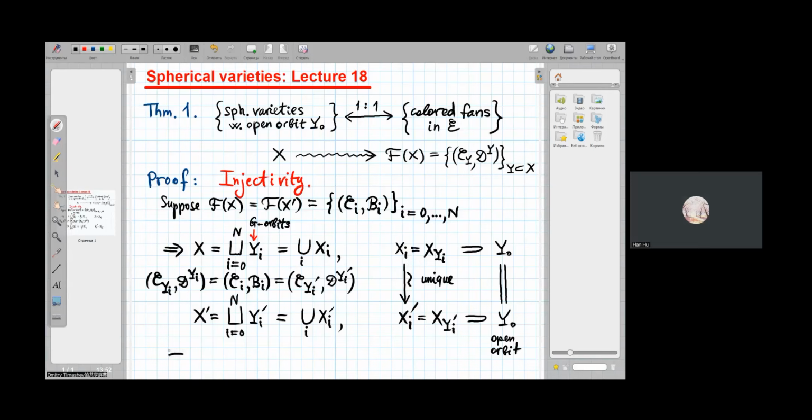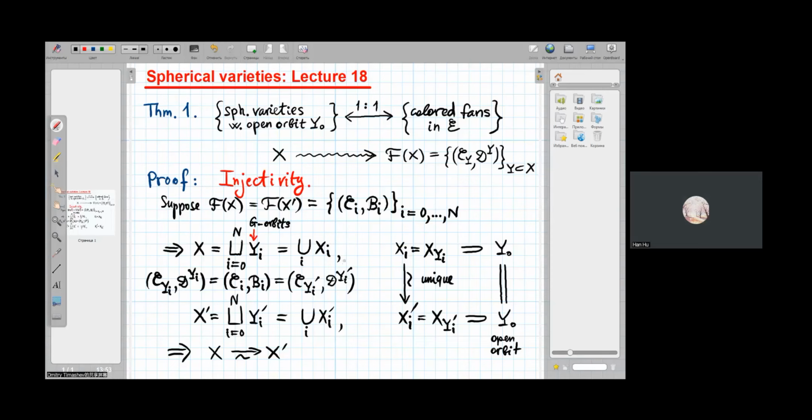So finally, we get from this an isomorphism from X to X prime. So we have proved that if two spherical varieties have one and the same colored fan, then they are isomorphic. They are G-equivariantly isomorphic. Essentially, this stems from the classification of simple spherical varieties.